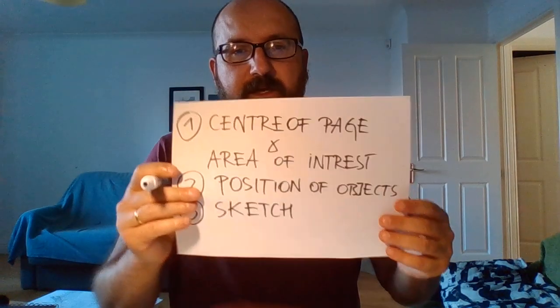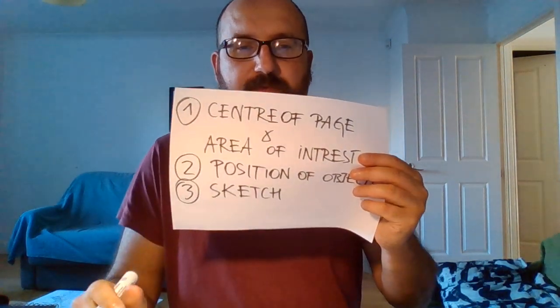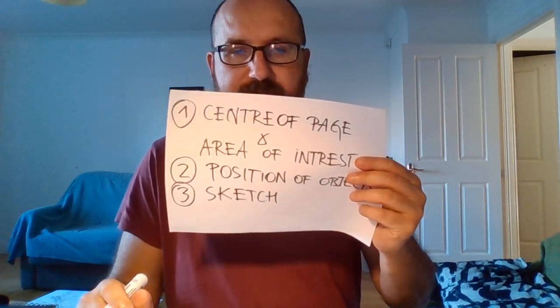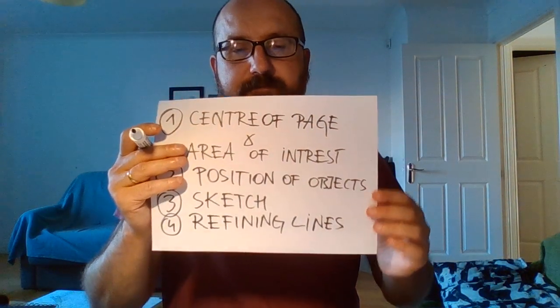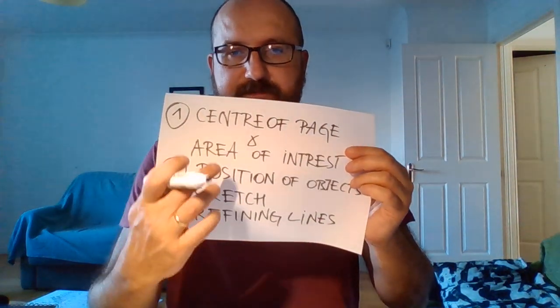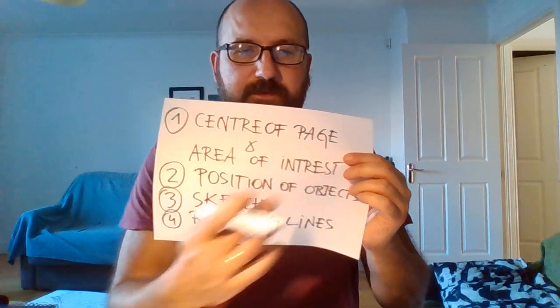So that will determine the line of the objects. And the next, because now they will be refining the lines. Refining lines, yeah. So I'm refining the shapes, for example, of the tree or the cloud.